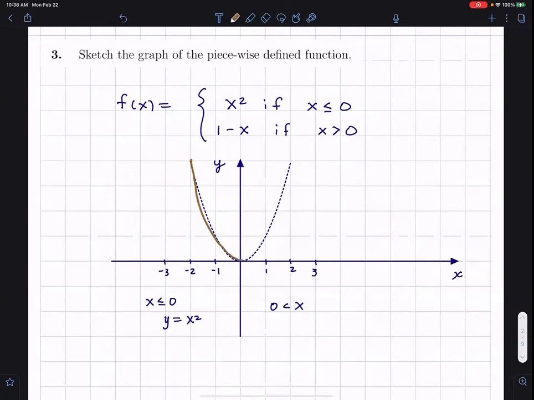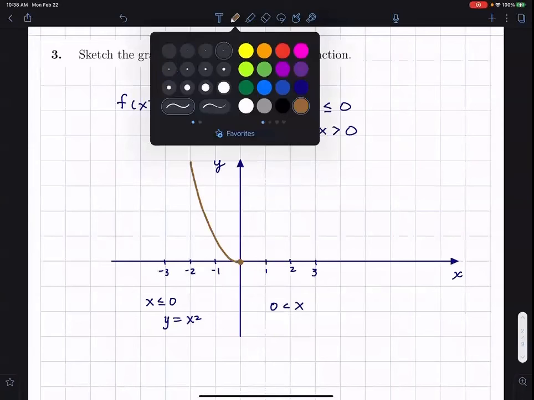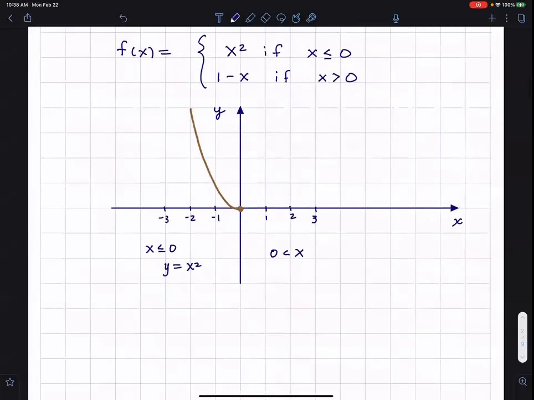Okay, so I'm only going to do that part, x less than or equal to 0. Now I'm going to erase the rest of the parabola. It's gone now.